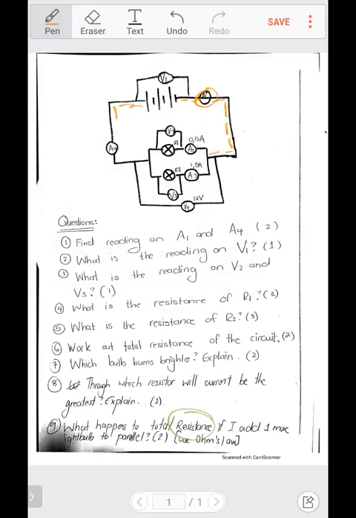This entire part in orange is called series. And we know that in a series circuit, current stays the same. So the current and the reading through ammeter 1 and ammeter 4 will read the same thing. And ammeter 1 and ammeter 4 gives us the total current of the circuit, right?